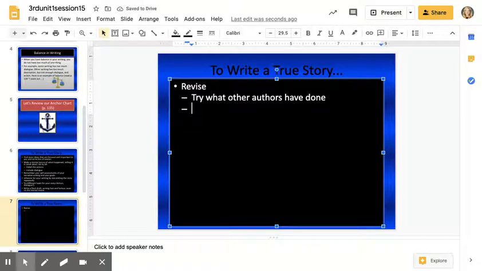You guys had that lesson with Miss Tanner when she read you that nice book and we kind of enjoyed the language that the author used. So that's one way to revise. Another way is to develop the heart of the story. So to think about what is the most important part of the story, underline it and rewrite it as if it were a beautiful piece of poetry.